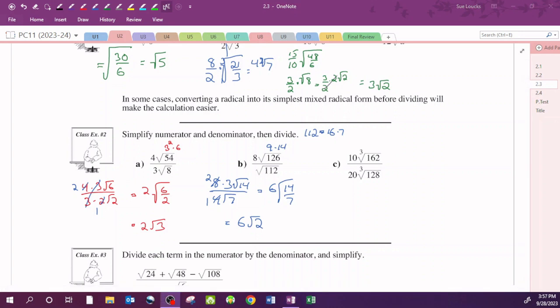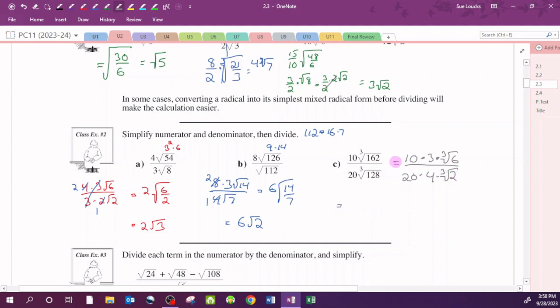Last example here, this time I'm doing the cube root. So this equals 10 times the cube root of 162, that's going to be 3 root 3 times the cube root of 6, that's all over 20 times 4 times the cube root of 2.